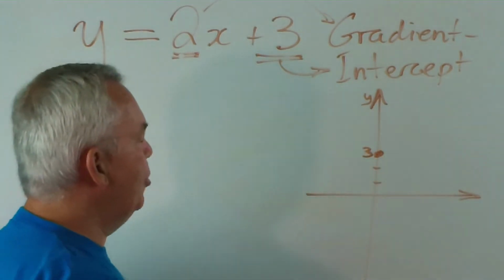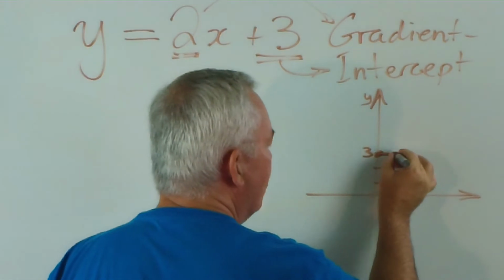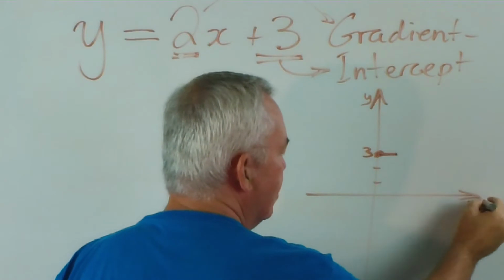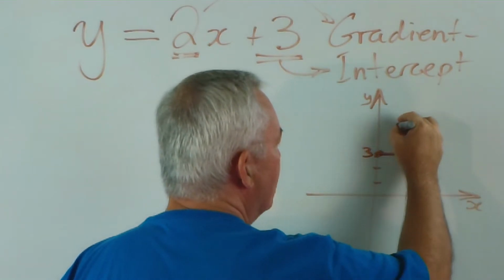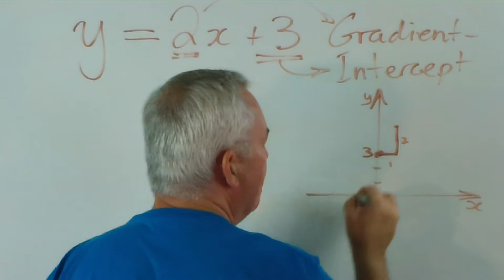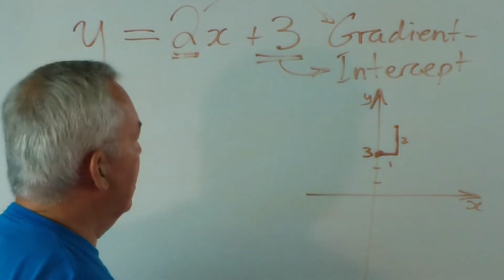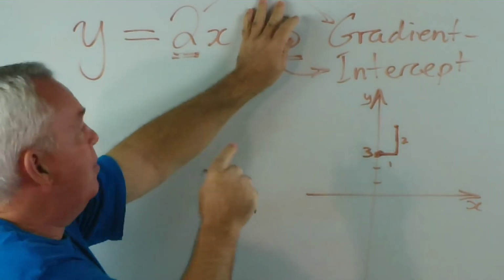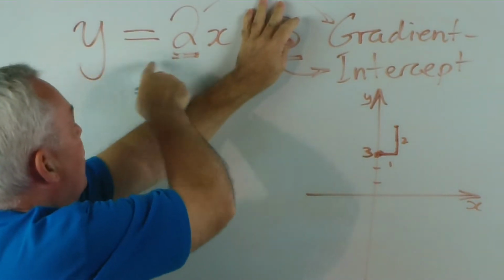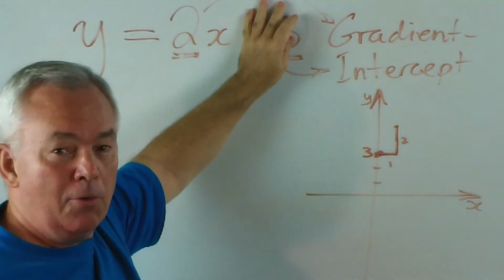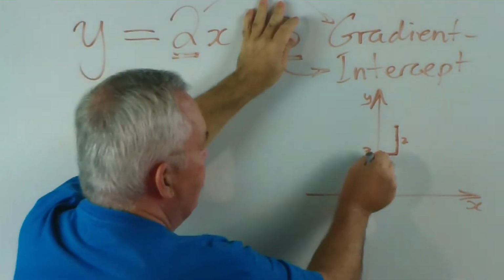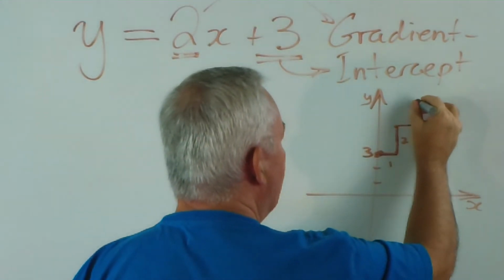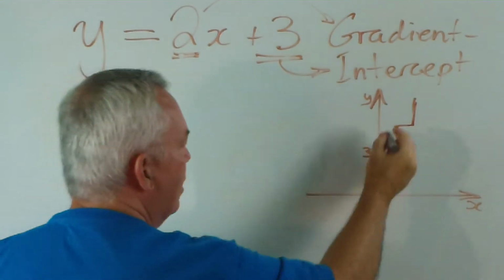And if it has a gradient of 2, it means for every unit that it travels horizontally, that is along the x-axis, it travels 2 units up the y-axis. What it means is, every time x grows by one value, when we try to find the y value, we have to double that growth. So every time x grows by 1, y will grow by 2. And we can go across 1 and up 2 and across 1 and up 2 and keep going like that.